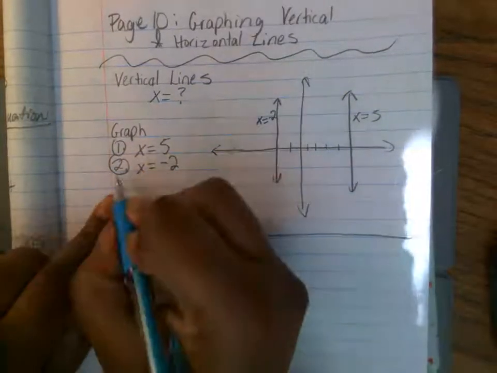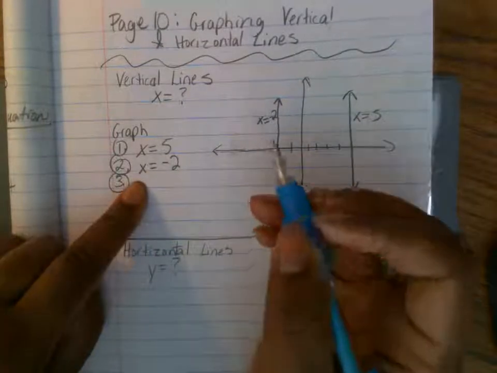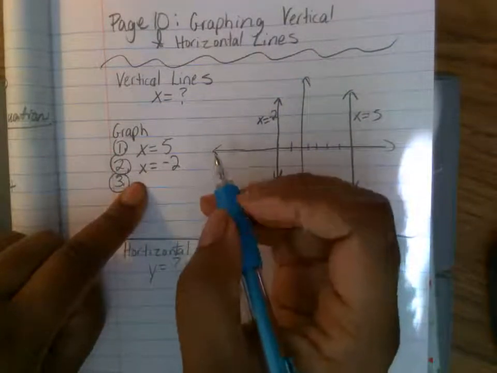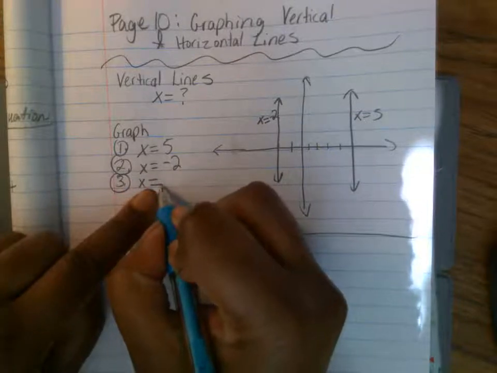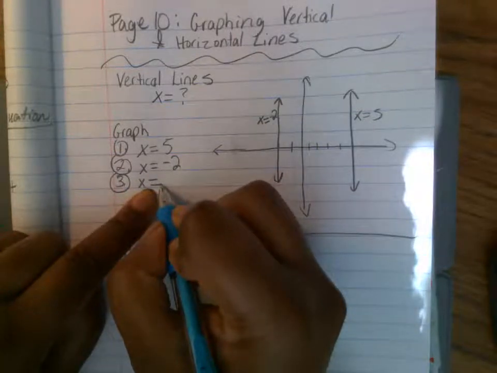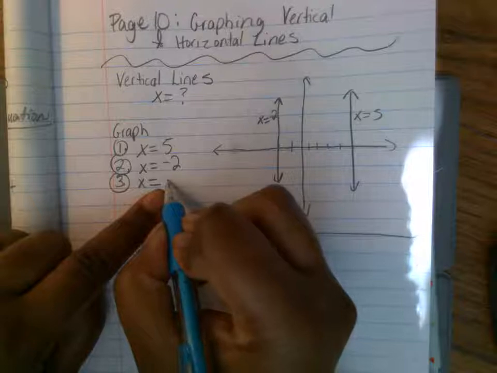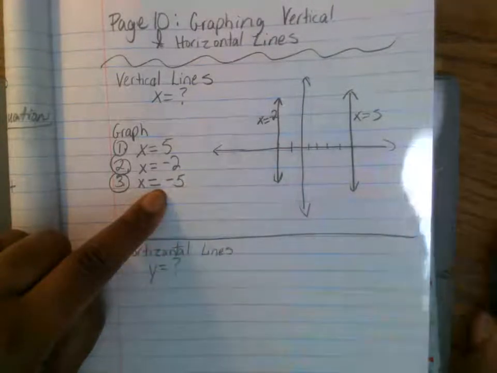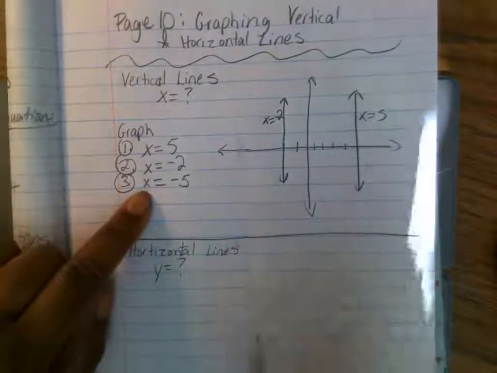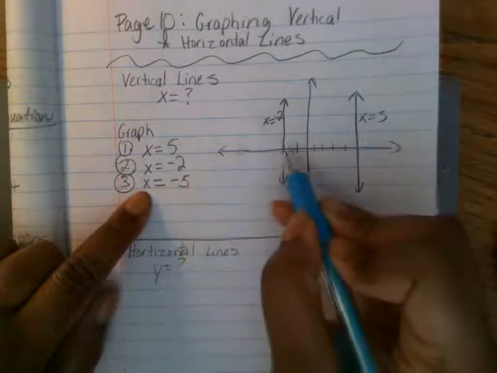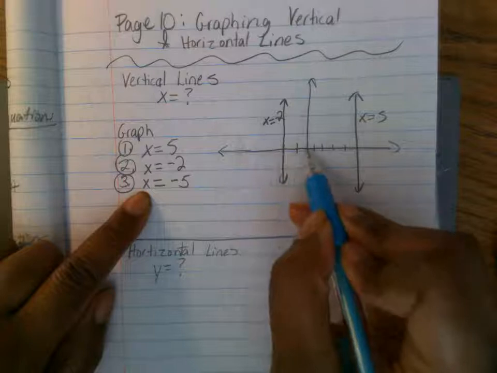All right, let's try this one, number 3. See if you can do this before me. See if you can draw the vertical line for x is equal to negative 5. Okay, so x is equal to negative 5. You're going to find negative 5 on the x-axis.